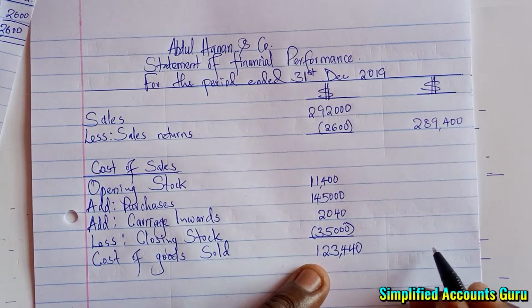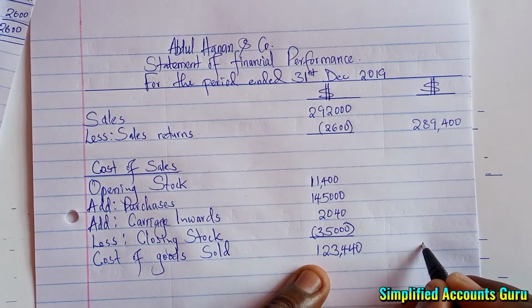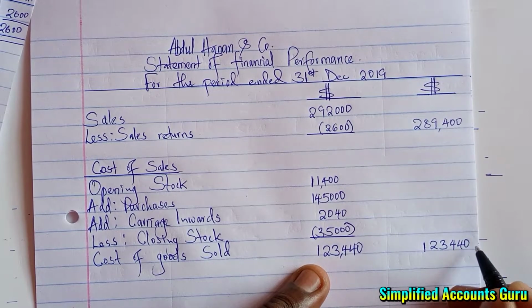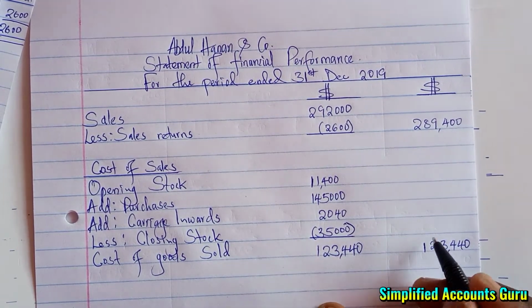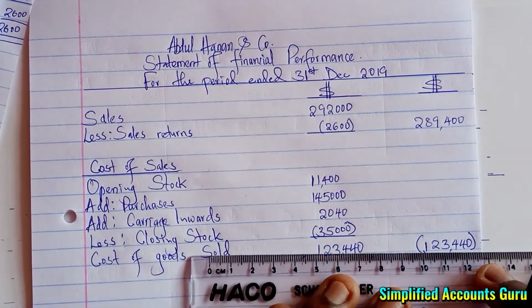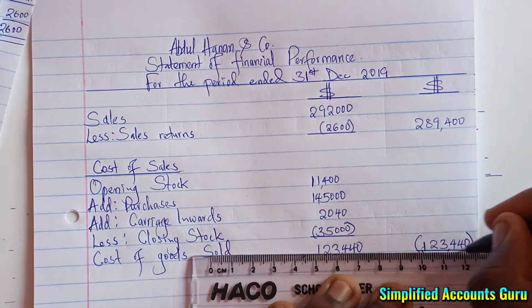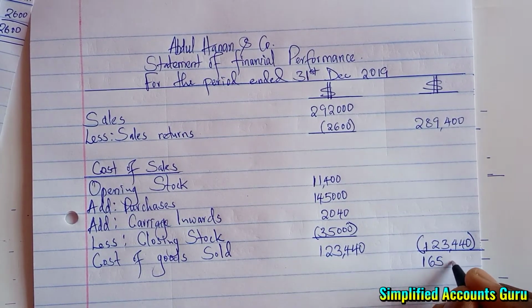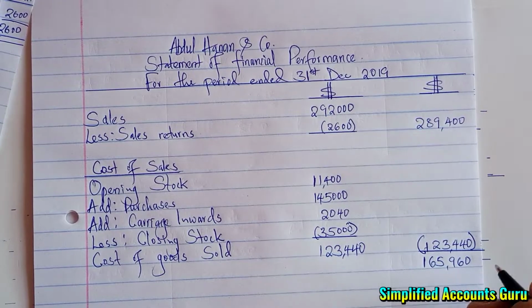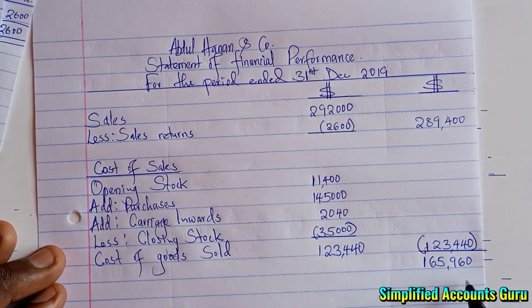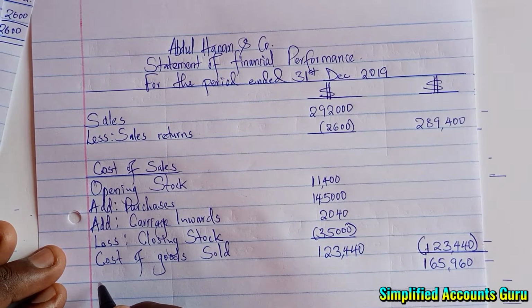This amount you can transfer here and say we have 123,440. So this 123,440, when you deduct it, we are supposed to have something called the gross profit. 165,960. So you have 165,960 being a positive figure, then that one tells you it is a gain.